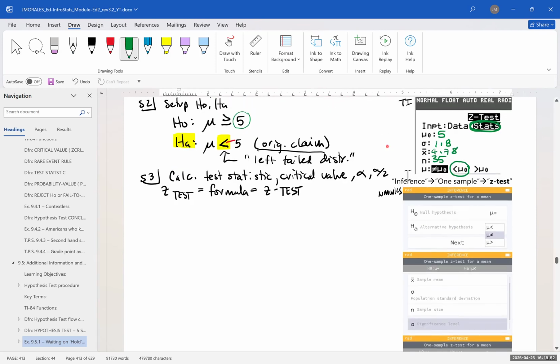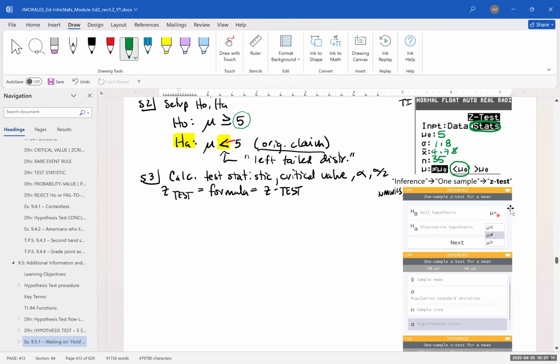Now on the NumWorks calculator, we're going to go to the inference app, go to the one sample option, and then choose z-test. Now the first thing that it asks you with the NumWorks calculator, which operates differently than the Texas Instruments, is it wants to know what's the null hypothesis and what's the alternate hypothesis.